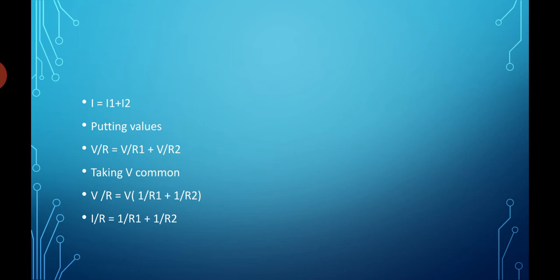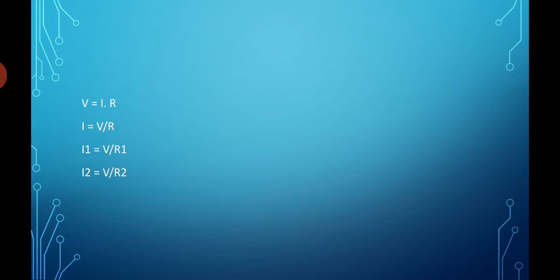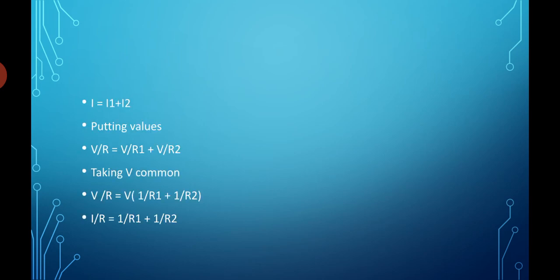Now if we connect two resistances in parallel and want to find the total current, then the total current will be I is equal to I1 plus I2. Putting the values of I1 and I2, I1 is equal to V divided by R1, I2 is equal to V divided by R2, in this equation we will get V divided by R is equal to V divided by R1 plus V divided by R2.